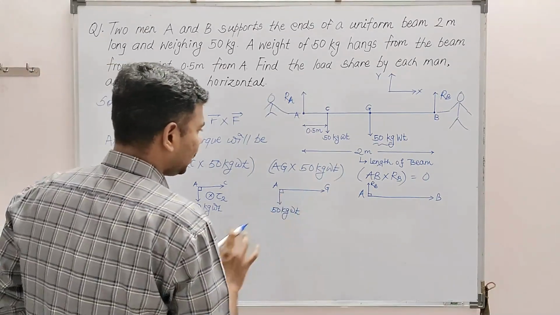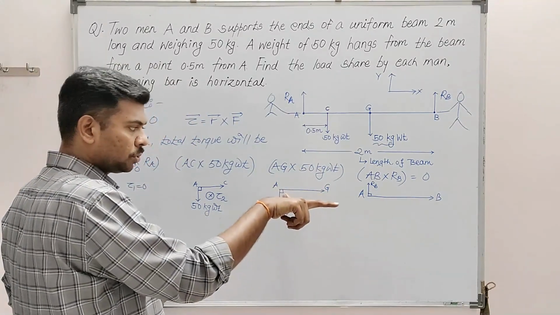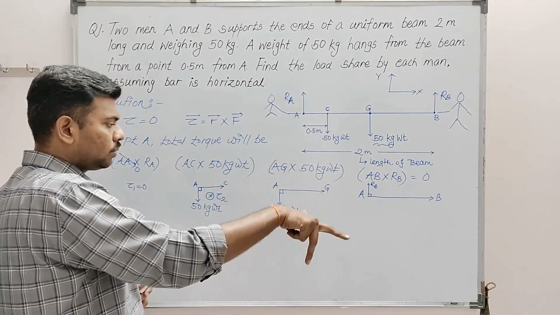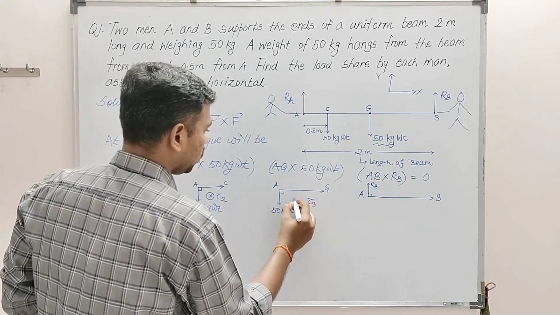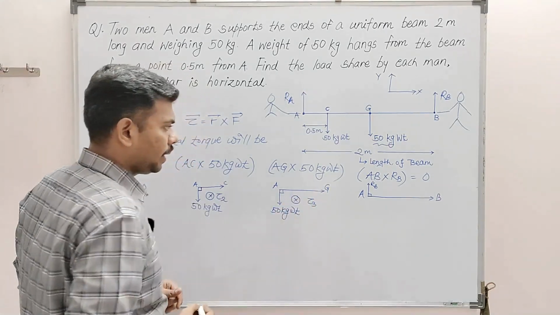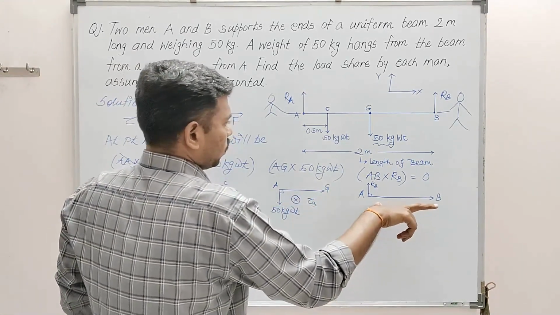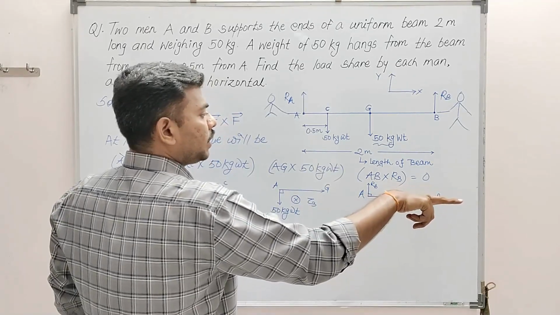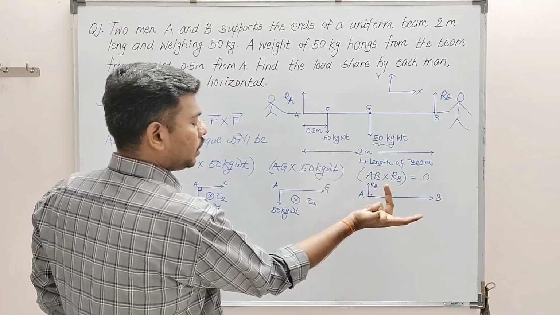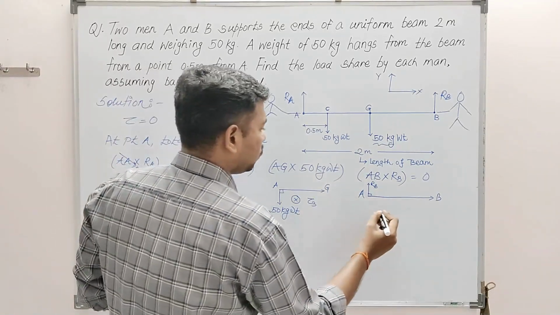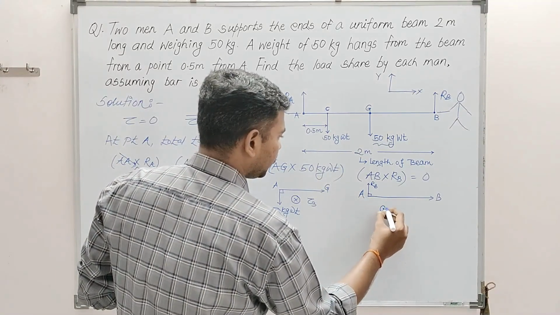Now torque 3 is the AG vector, which is a position vector. Force is acting downside. So again torque 3 is also going into the plane. Now AB is pointing in this direction, RB is pointing upside, so the torque will be pointing outside the plane.